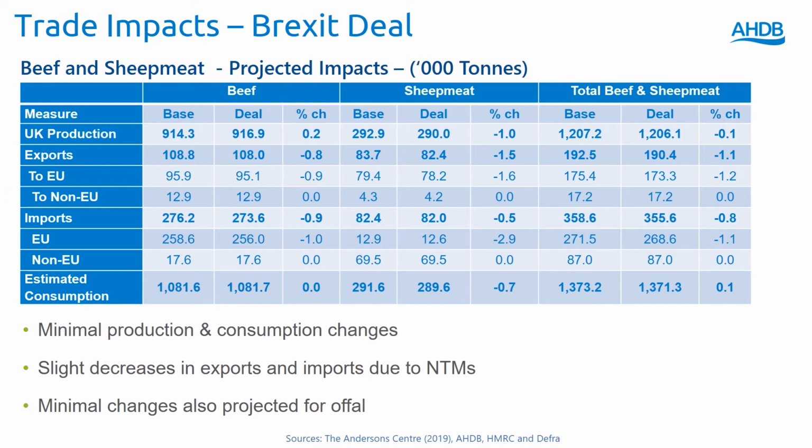The impact of Brexit, if there is a deal, is relatively small impact overall. Yes, exports will decrease into the EU27 market, primarily due to those non-tariff measure costs being applicable, but the overall impact is just more than 1% in terms of those overall exports.